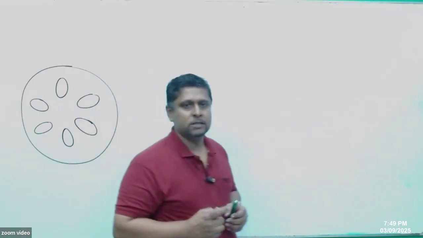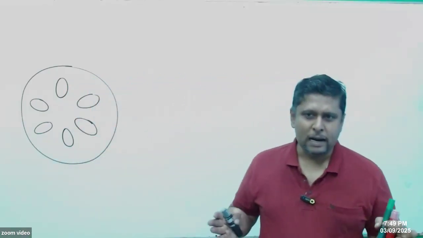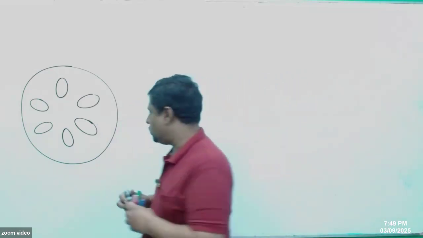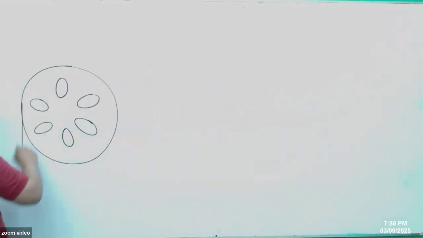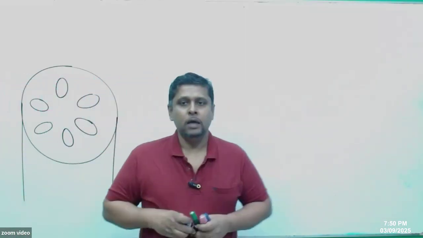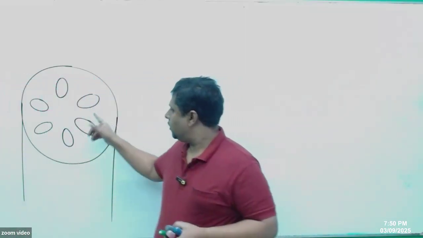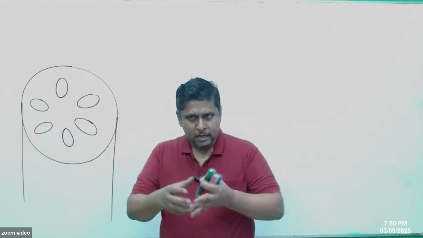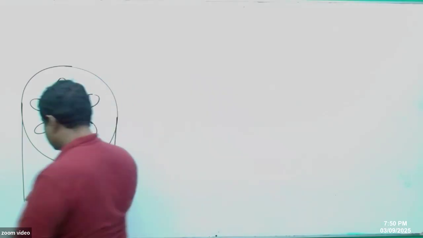You have to draw at least 6 vascular bundles. So this is the primary grown stem. Let me show that in 3 dimensions. Here we can see these are vascular bundles, with xylem and phloem present like bundles.